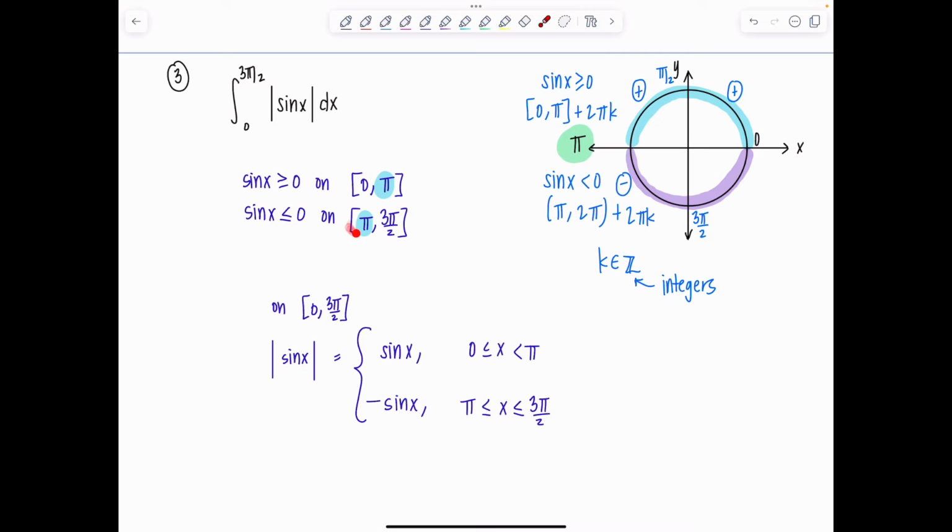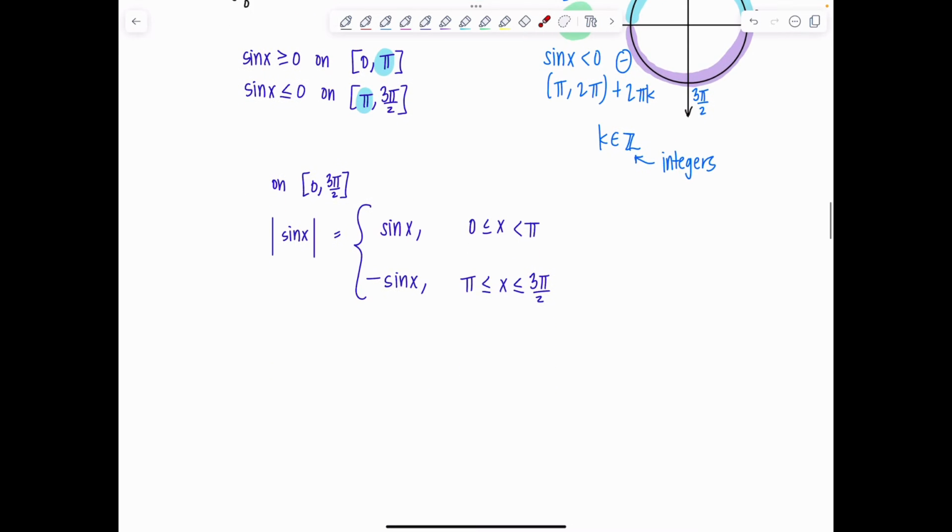So on this interval from pi to 3 pi over 2, sine is negative. So taking the absolute value makes it positive because it multiplies by another negative. So this is the way to redefine it piecewise. Again, if you want to switch this one and put it here, it doesn't matter. All right, let's write up our integral now.